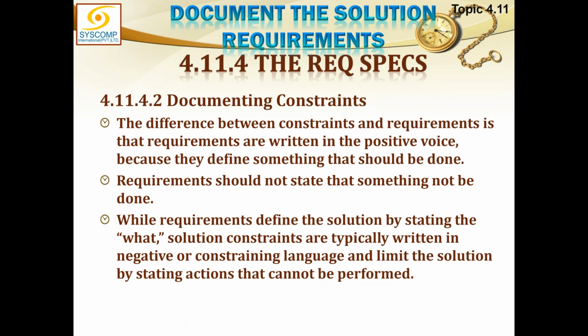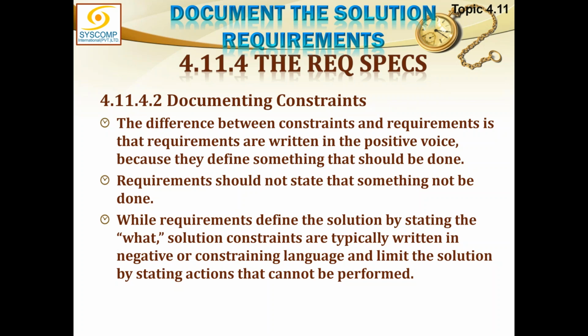The difference between constraints and requirements is that the requirements are written in a positive voice because they define something that should be done. Requirements should not state that something not be done, while requirements define the solution by stating what the solution should do.